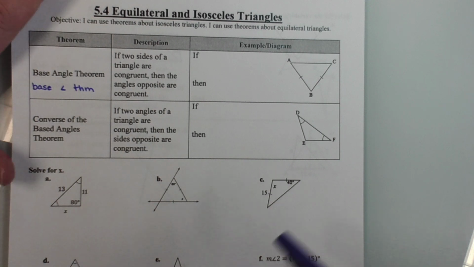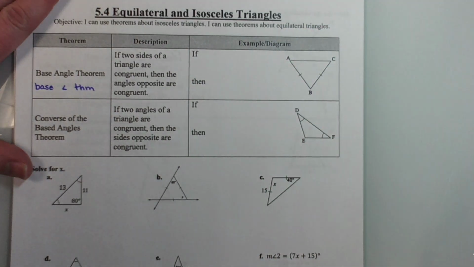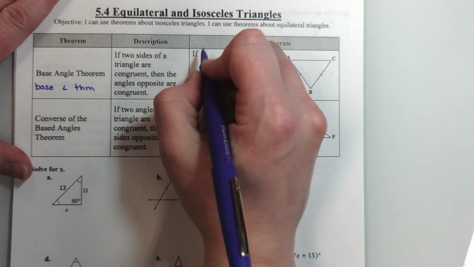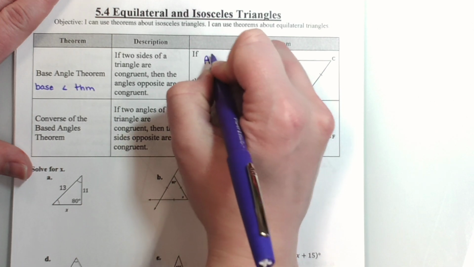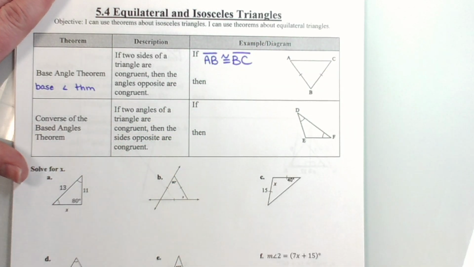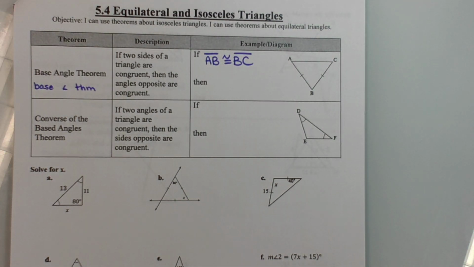In other words, I got this triangle right here. If two sides are congruent, do you see some congruent sides in that picture? Yeah. What are their names? AB, BC. If AB is congruent to BC, if I have a pair of congruent sides in a triangle, I also have a pair of congruent angles. They're the angles opposite of those sides.